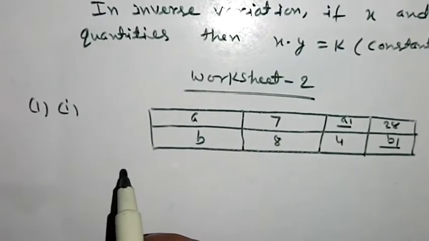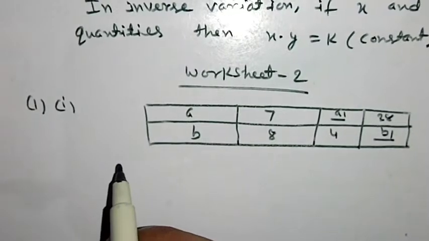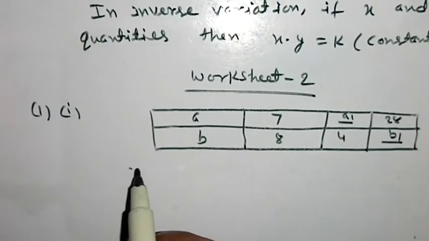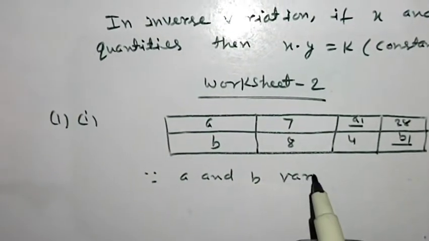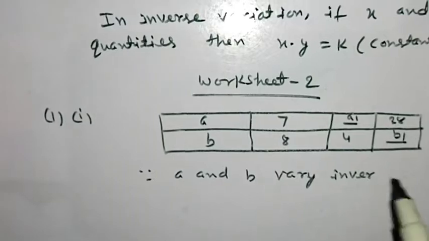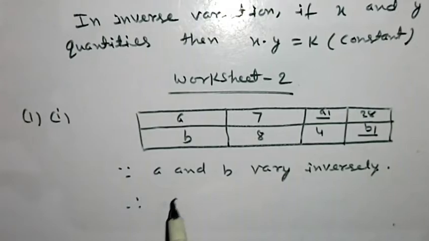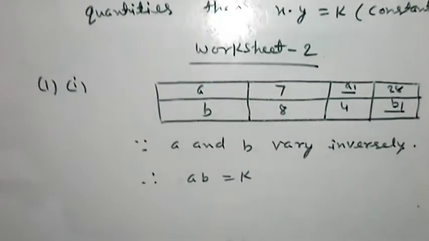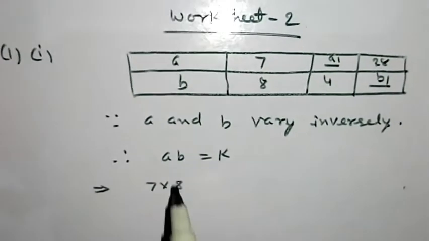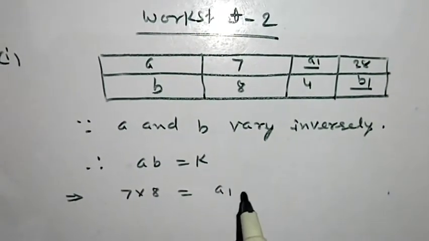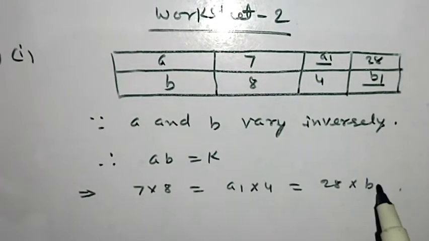Students, in the question it is given that A and B vary inversely. Since A and B vary inversely, so AB equals K, implies 7 into 8 equals A1 into 4 equals 28 into B1.